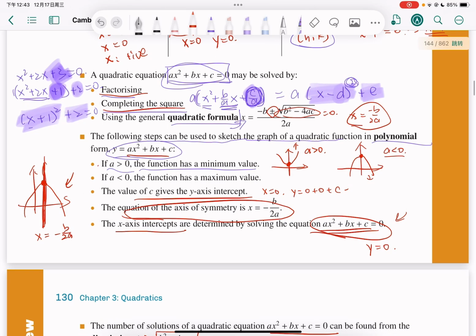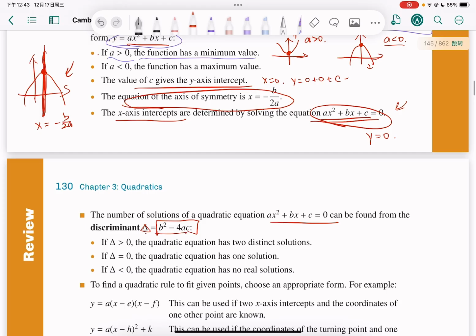Okay, that's the case when the discriminant is equal to 0. That's the case when we have only one solution. So if delta is equal to 0, we only have one solution. If it's smaller than 0, then we have no real solution. So note that it's no real solution. Later on you will learn complex solutions.